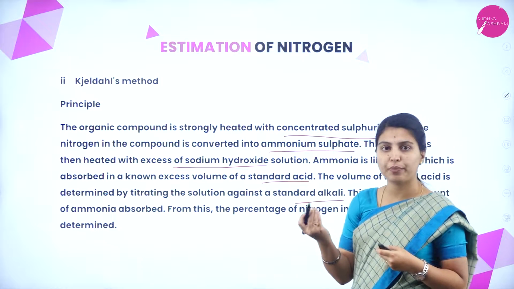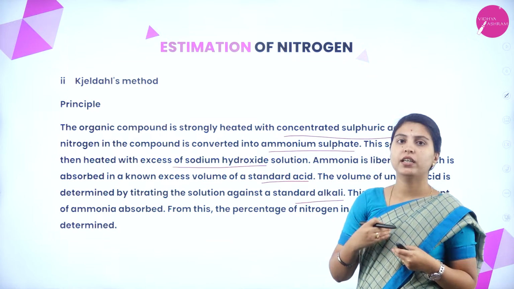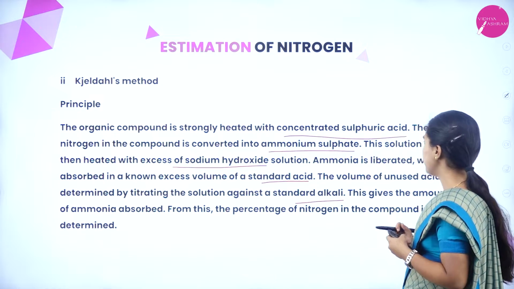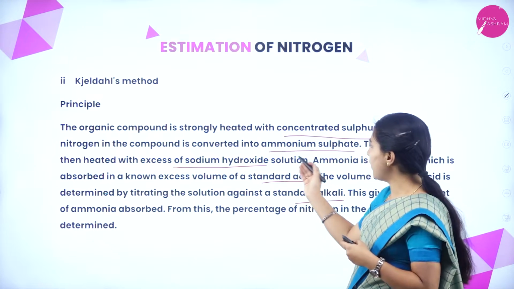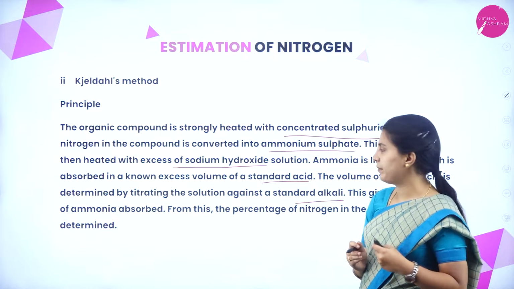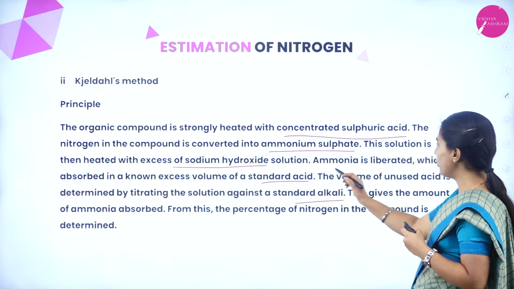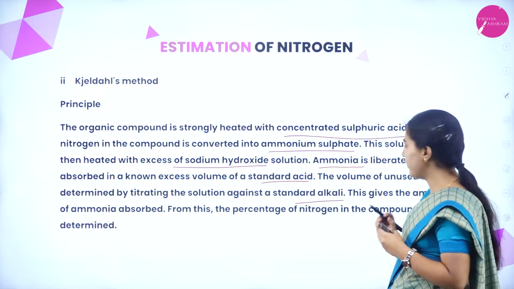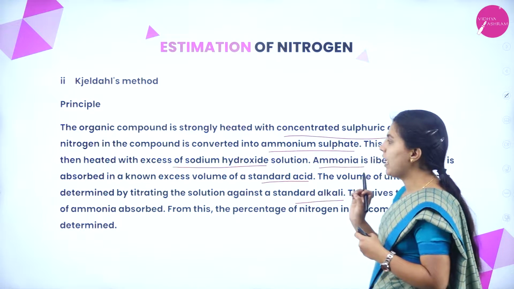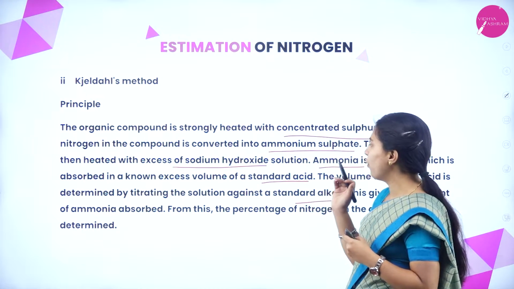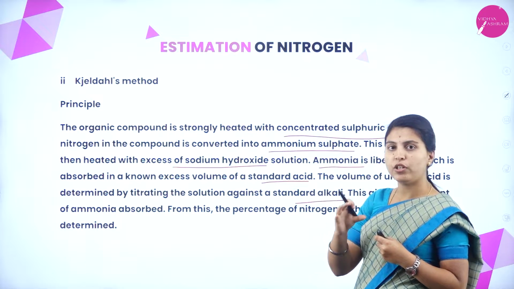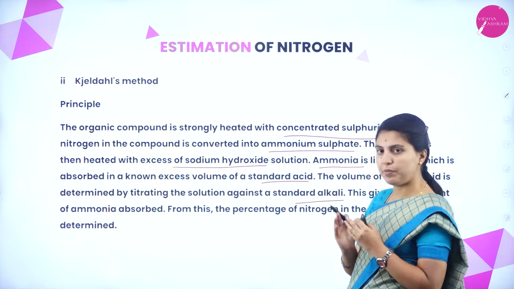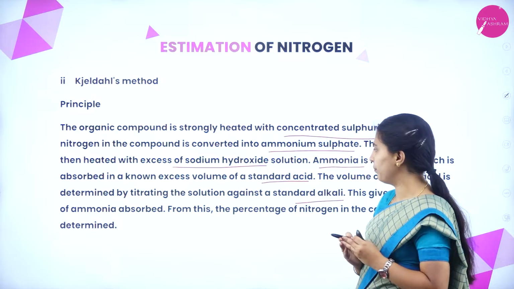And this solution is treated with excess of sodium hydroxide, which is an alkali. At that time ammonia, that is NH3, will be liberated, which is absorbed in a known excess volume of standard acid. Whatever ammonia is absorbed, it should be in a known volume.